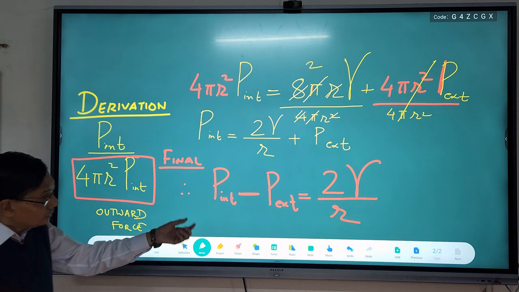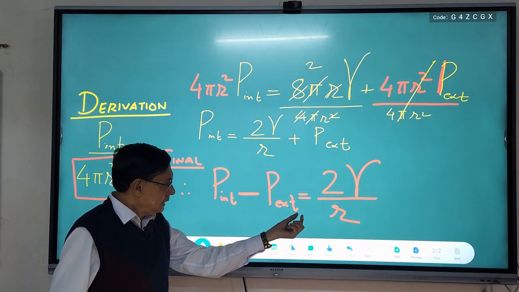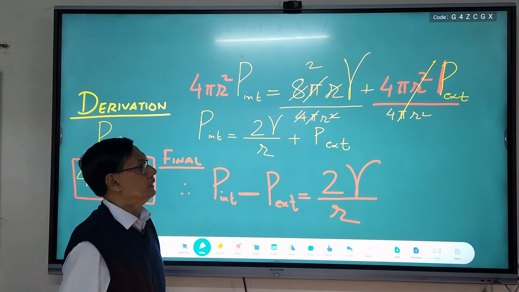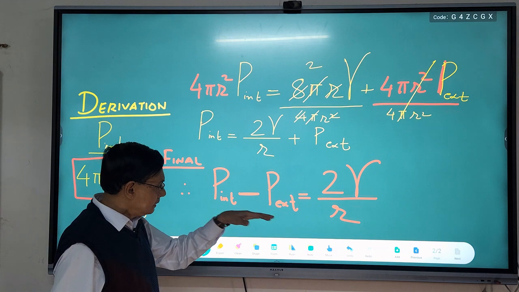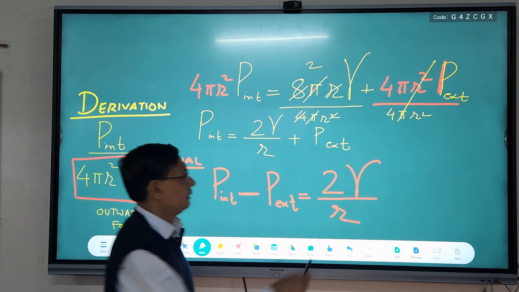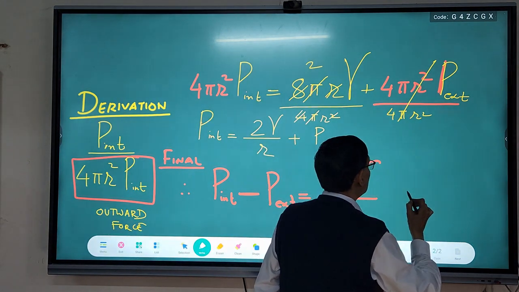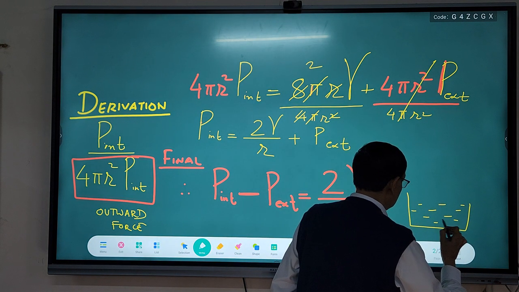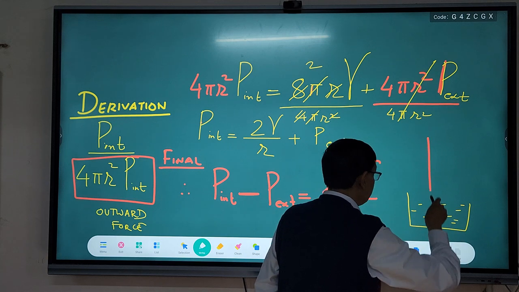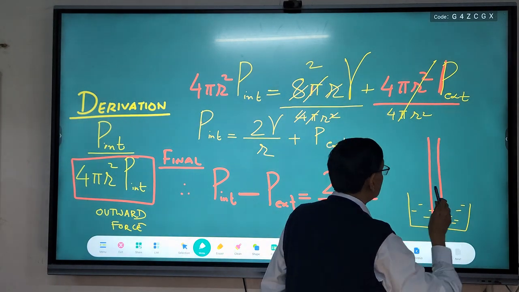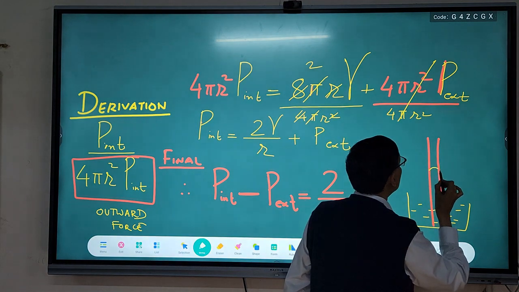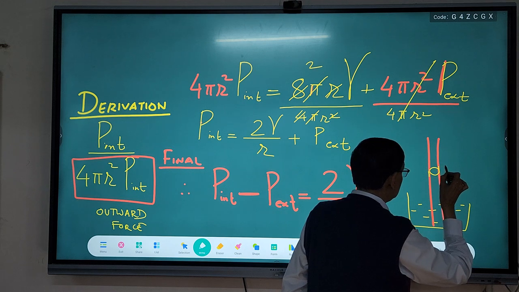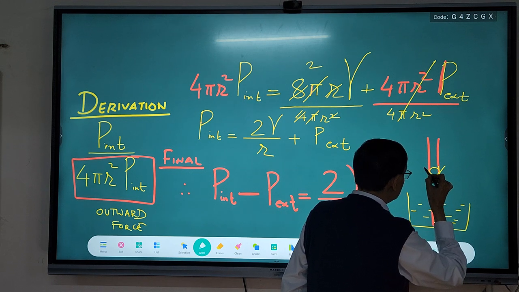It shows how the size of that liquid drop depends on these things. Now, if you understand this Laplace and Young equation, we can also calculate the angle.